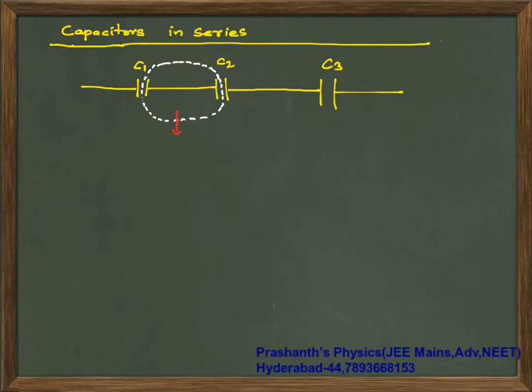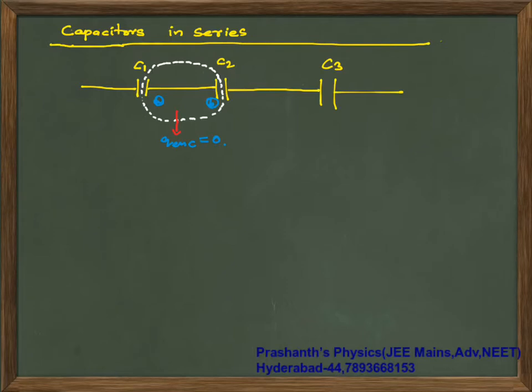Because if you assume this plate to be A and this plate to be B, those two plates A and B are not connected to any external circuit. So there will be no charge coming from any external point into these plates. As a result, your Q enclosed is going to be 0.